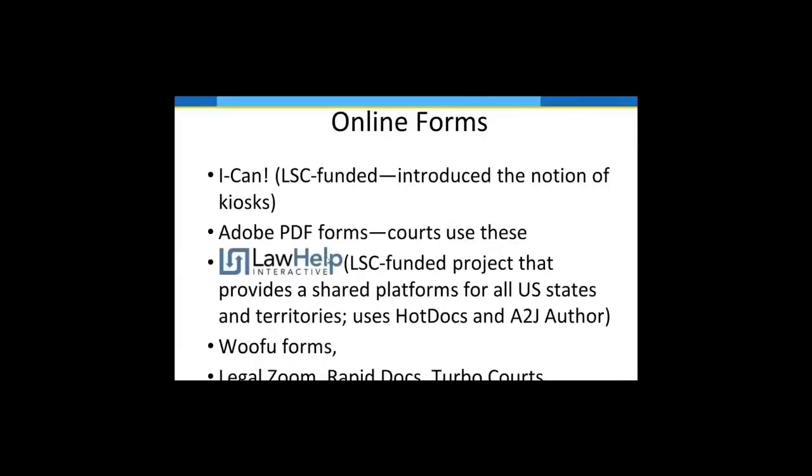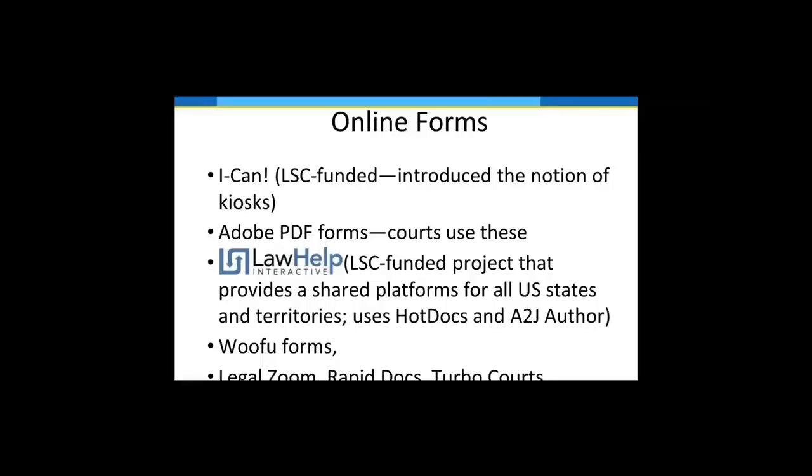In terms of online forms, there's a lot of different types of online forms in use. ICAN was the precursor of the online form kiosk model in the late 90s. Adobe PDF forms, there are many different types, and courts tend to use this. There is LawHelp Interactive, which is the LSC-funded project that we run out of Pro Bono Net, and this is being used across the United States using HotDocs and A2J Author software.